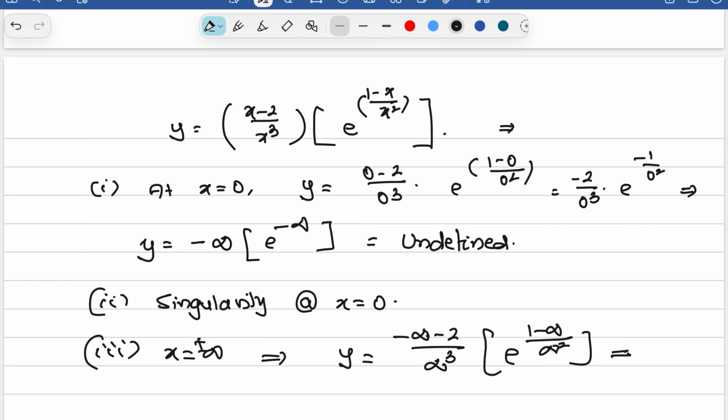If you simplify and understand, that implies y tends to 0. That implies it is asymptotic to the x axis.